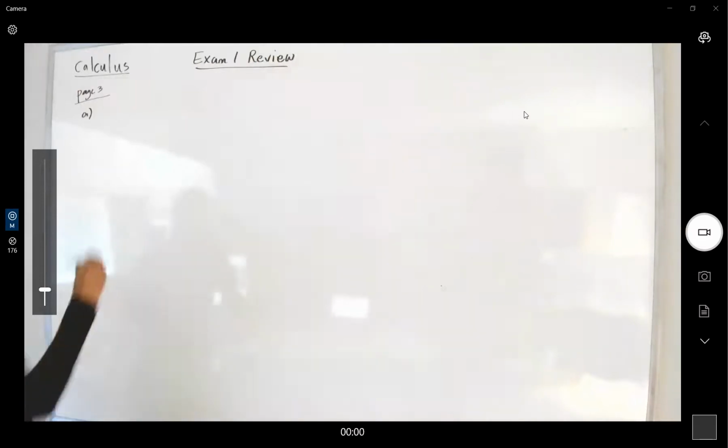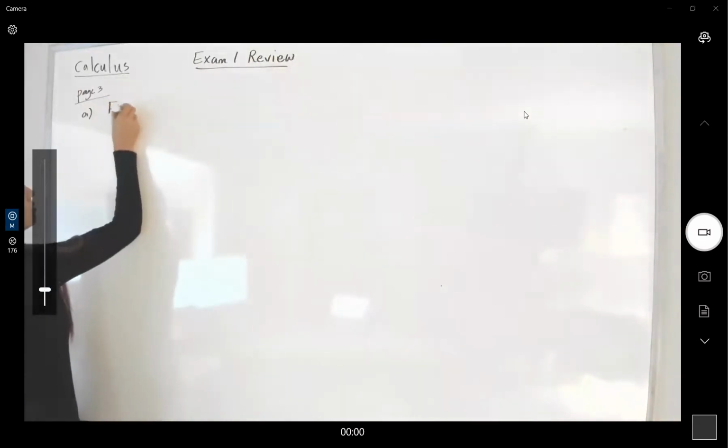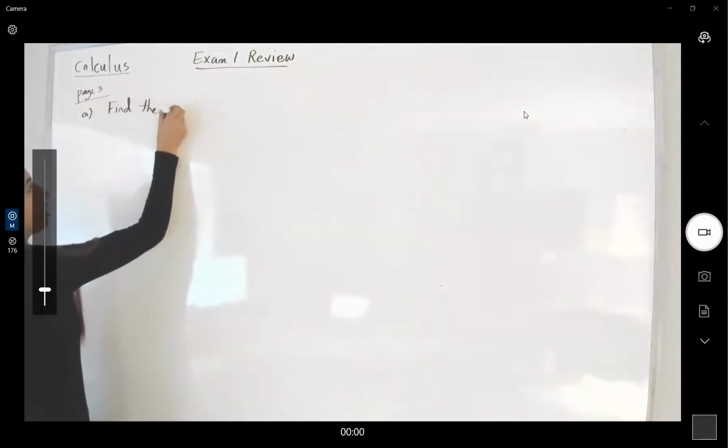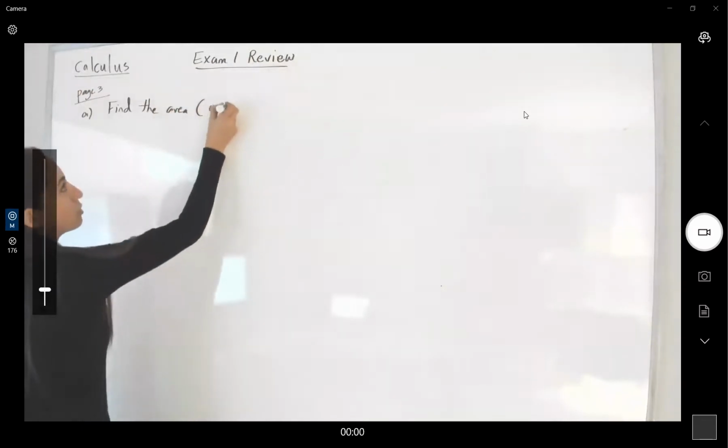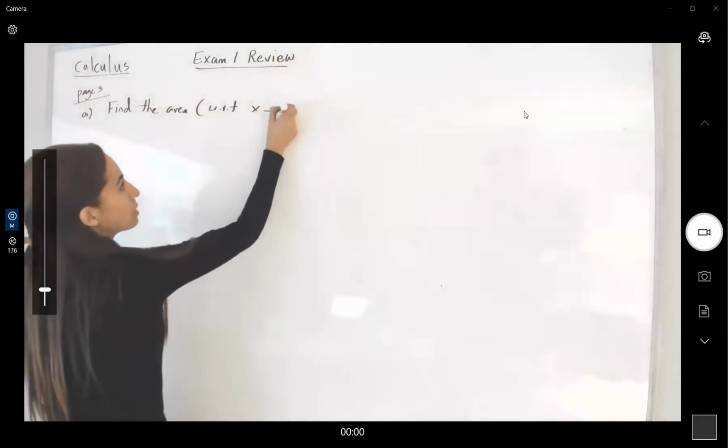Yeah, you're trying to find the area. Find the area and take the integral with respect to x-axis.